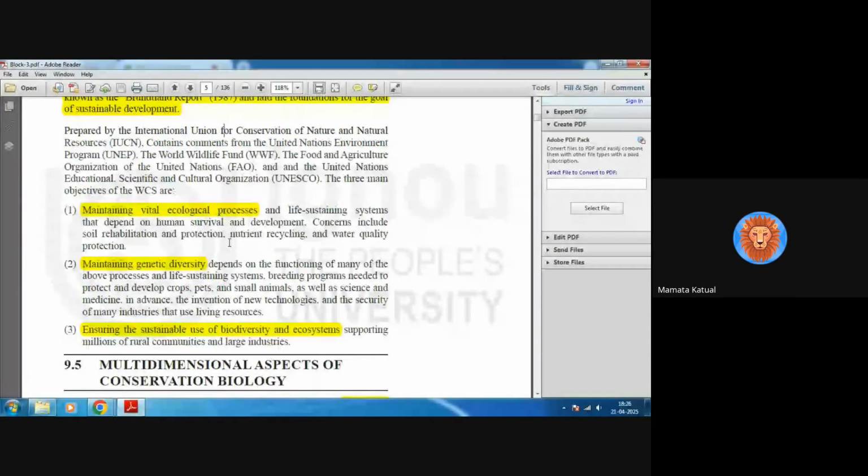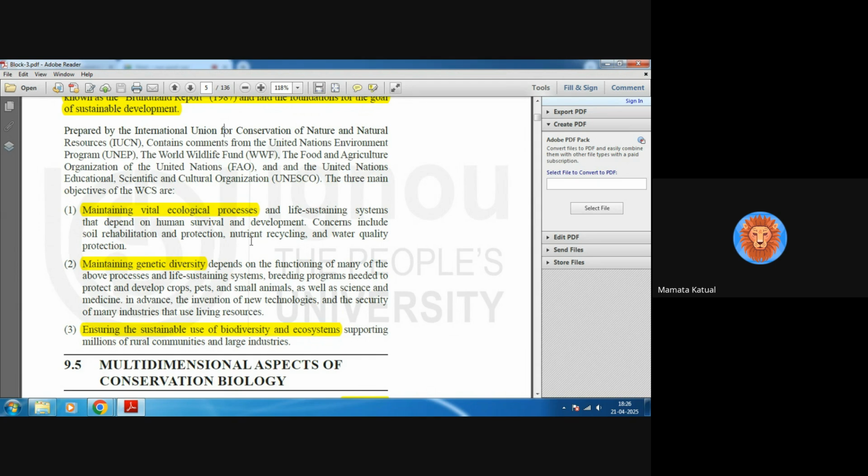So first one is maintaining vital ecological process. For living organisms, or for conservation of biodiversity, the ecosystem is very, very important. And in an ecosystem, there are different organisms, and there are also non-living materials, abiotic and biotic components.